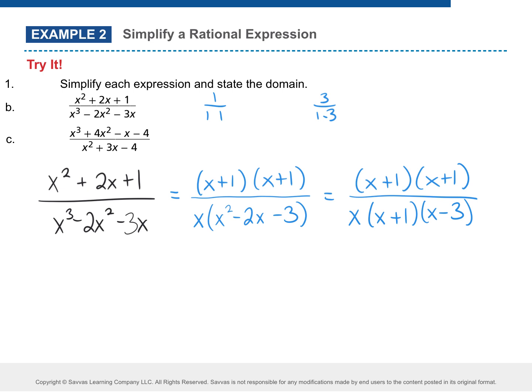Once we have each of them factored completely, we want to simplify together. We can start canceling things, whatever the top has compared to the bottom. What do you notice between the top and the bottom? What do they have in common? Think of their pieces. On the top we have x plus 1. Does the bottom have an x plus 1?